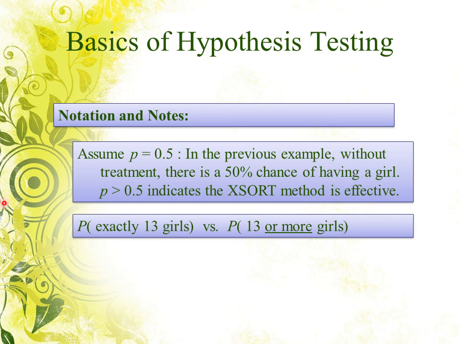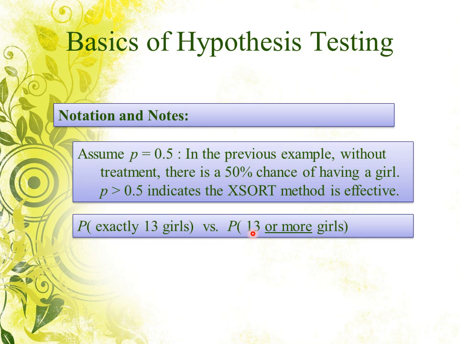Also, notice that what we're going to be talking about in this section is not the probability of getting an exact amount. So we're not going to talk about the probability of getting exactly 13 girls, or in the previous example, the probability of getting exactly 50 girls.